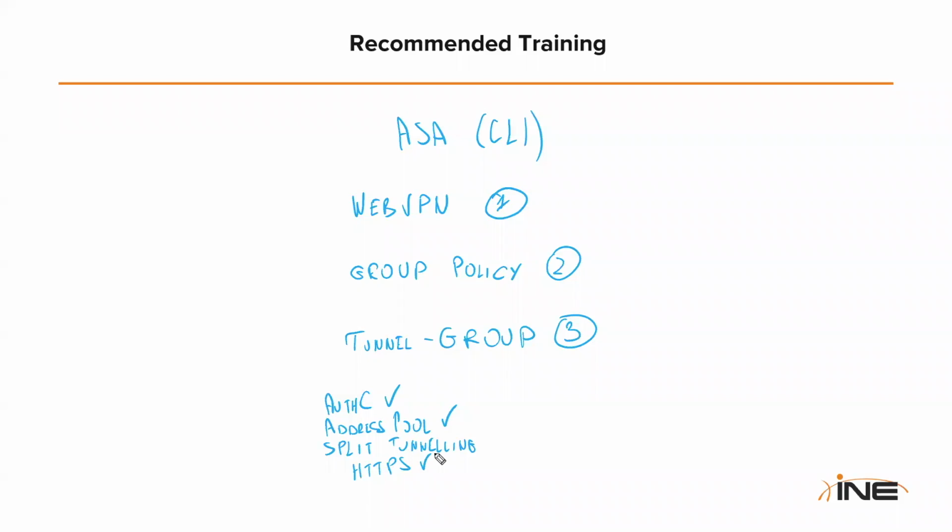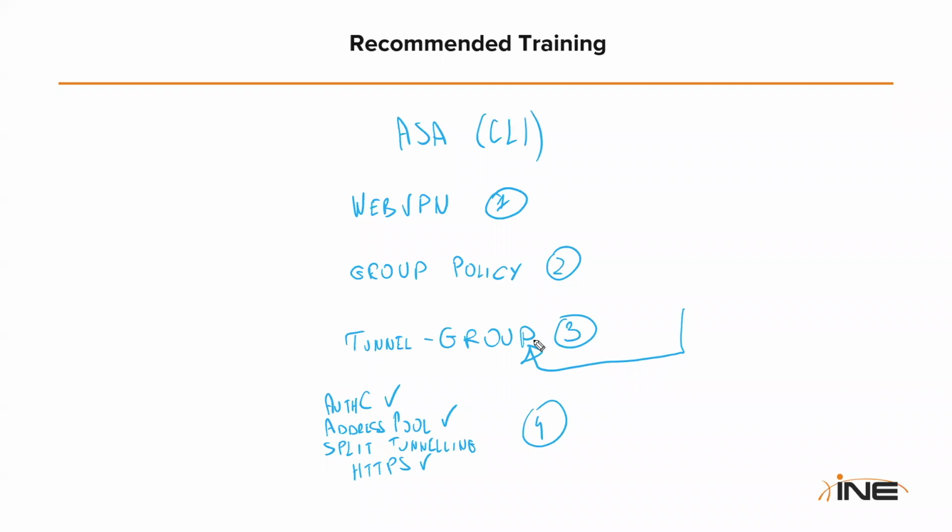Okay, so we will take a look at the configuration in this exact way. Once people start connecting to your headend, they will be terminating their connection on one of the tunnel groups.